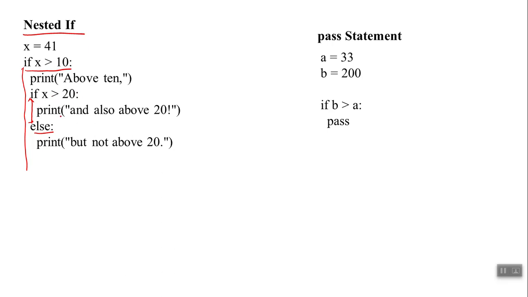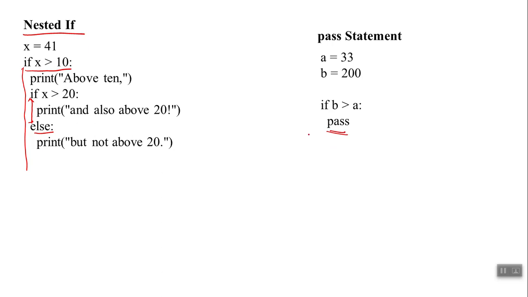So first it will print above 10 and also above 20. Print above 10 but not above 20, so this else part will be taken.